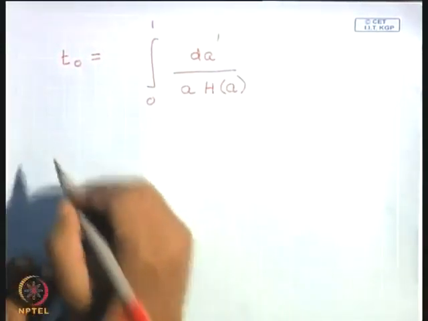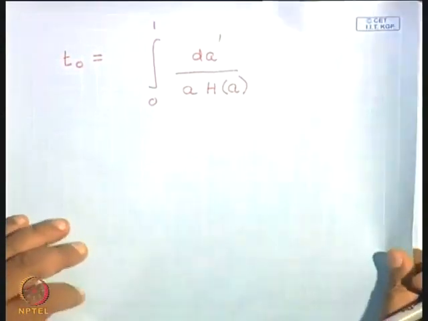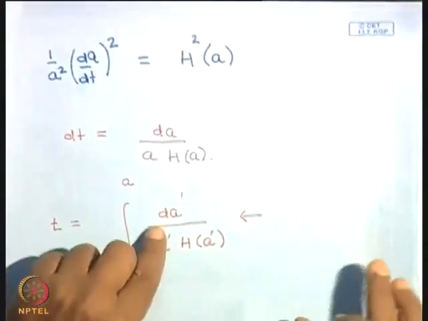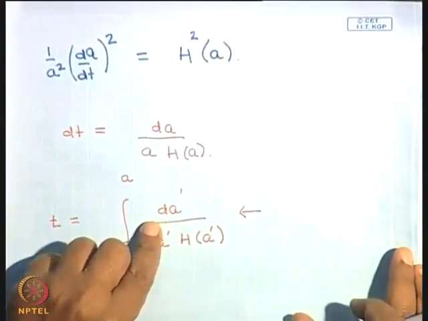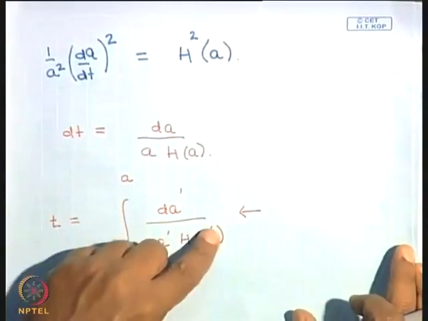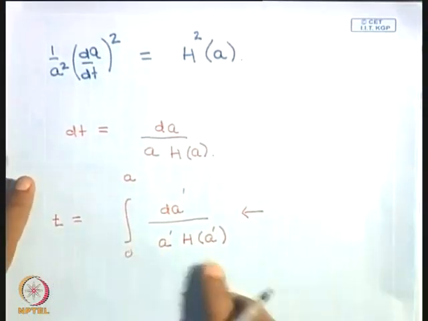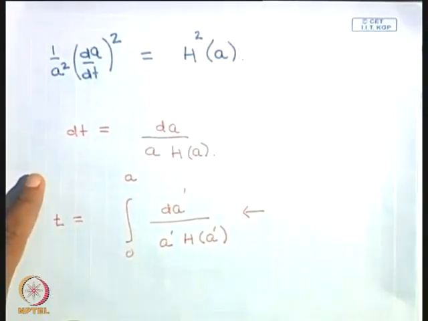Okay. Let us quickly work out very simple models. In general, you can do this numerically, put this in a computer and use some simple rule like Simpson's 1/3 rule to do this integration numerically. It is very straightforward.